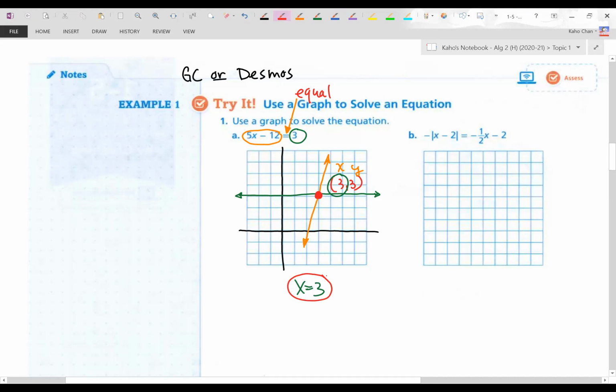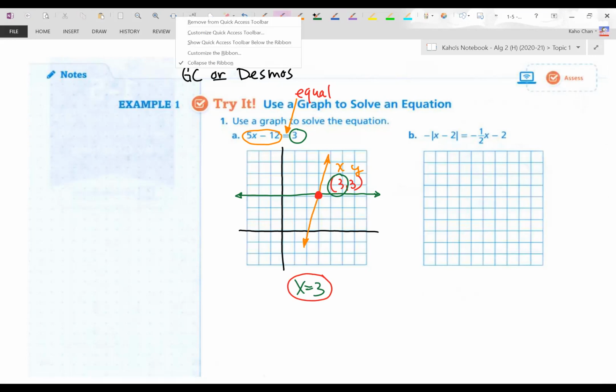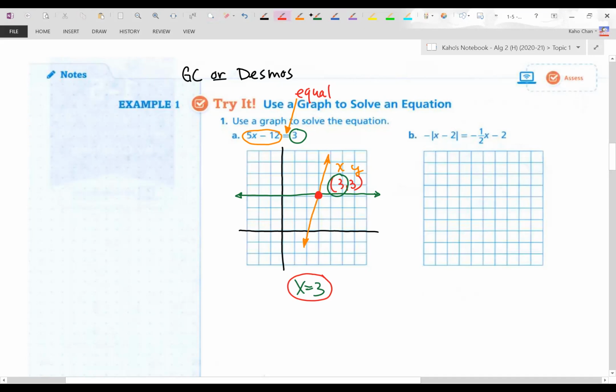The next one involves an absolute value function on the left there. And on this side, we have a linear function. Again, I'm going to use a graphing calculator, or in this case, Desmos, to separate the two because of the equal sign.